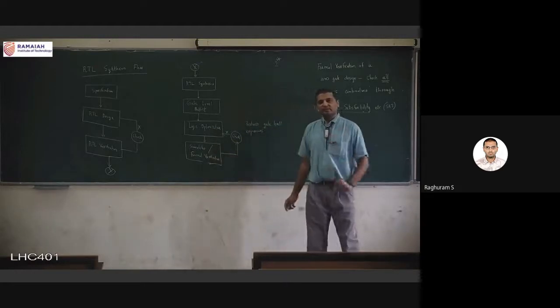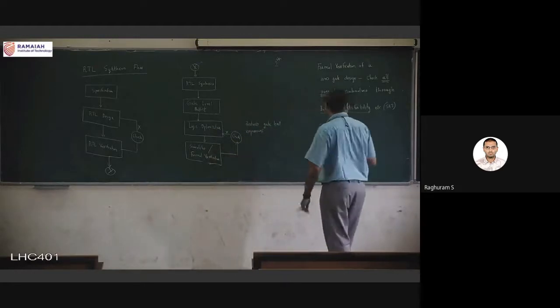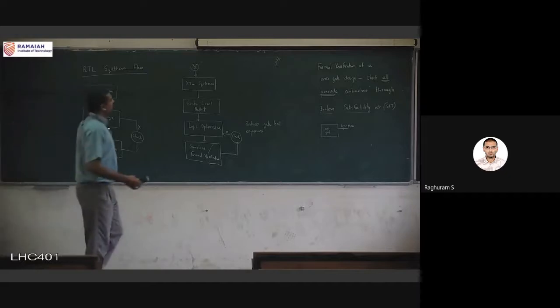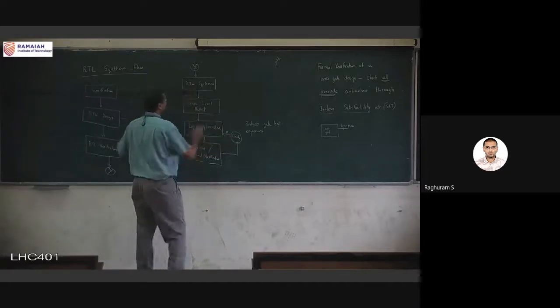We have a gate level netlist. Next is another very important step, and we're going to see a few new terms here also. So I'll just redraw on top of this so I have a space there.